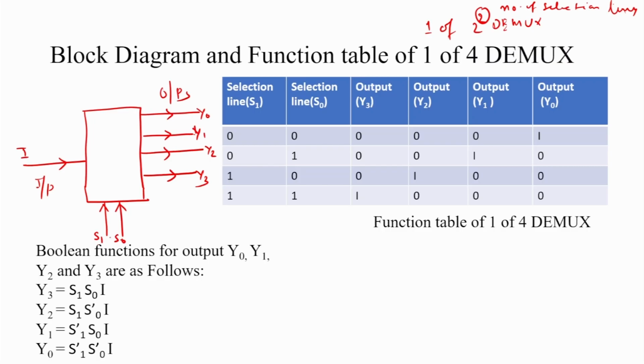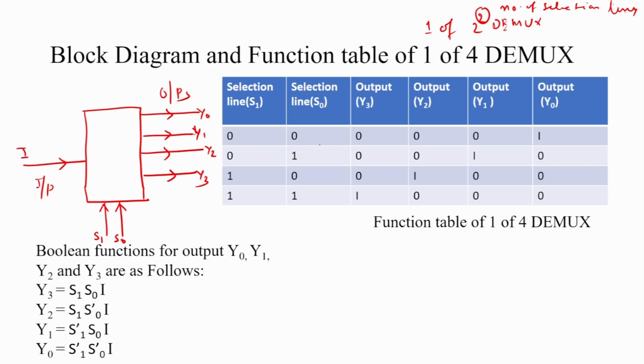When the values of S1, S0 are both 0, 0, then input goes through output y0. When they are 0, 1, then input goes through output y1. Similarly, when S1, S0 are 1, 0, input goes through output y2, and when both are 1, 1, input goes through output y3. This is the functional table of the 1 of 4 demux.